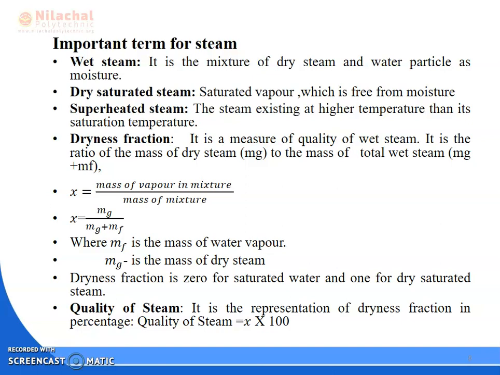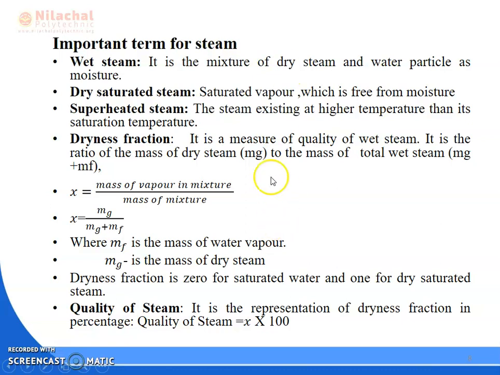It is defined as the ratio of the mass of dry steam to the mass of total steam. What is your total steam? In the total wet steam, the mass of vapor and some moisture will be there. So total wet steam mass will be mg plus mf. Vapor is denoted as g and liquid is denoted as f.